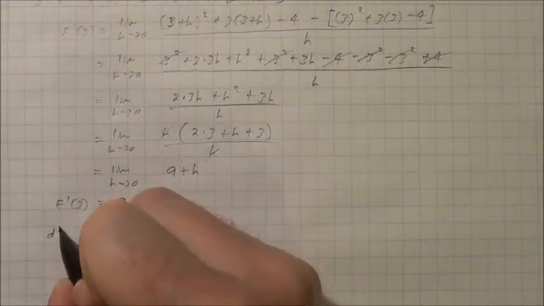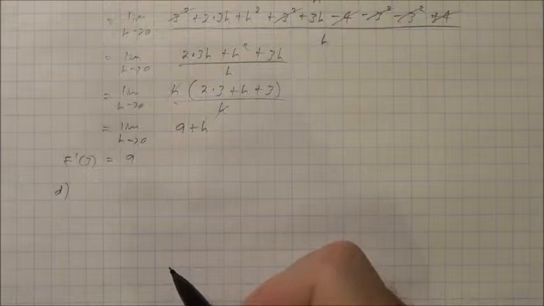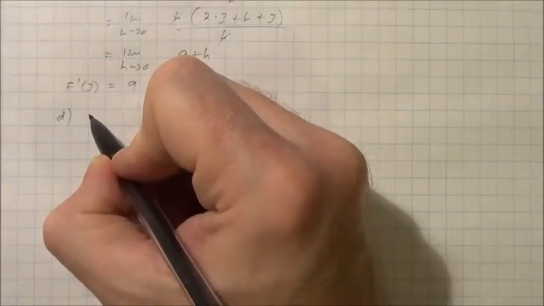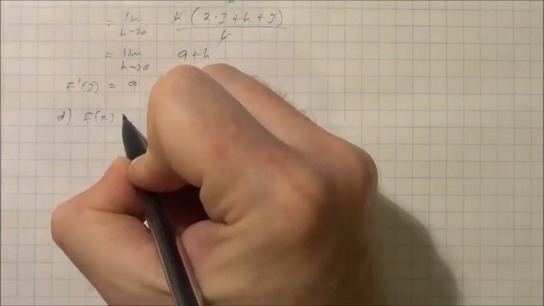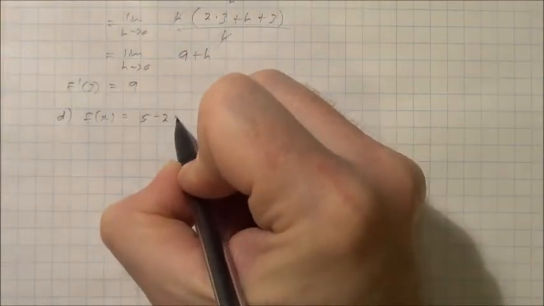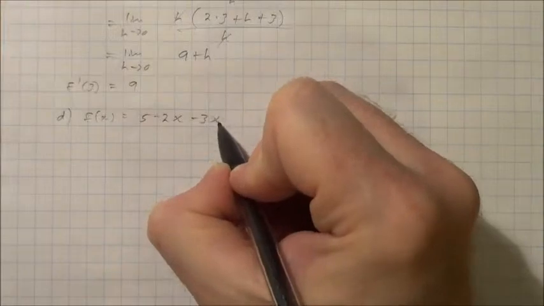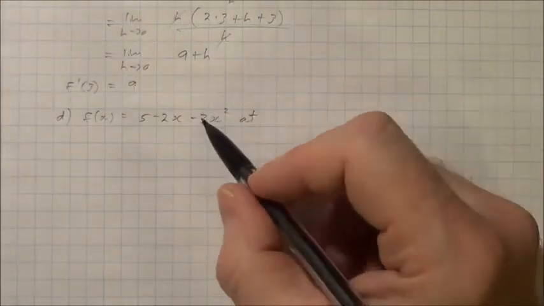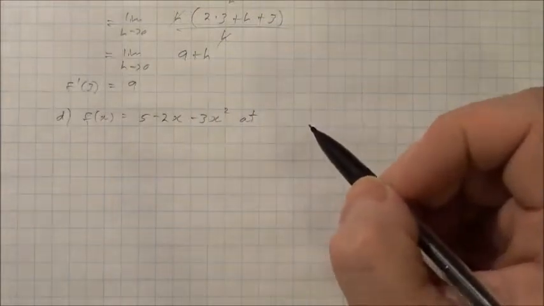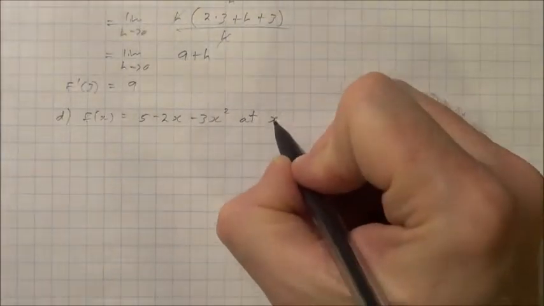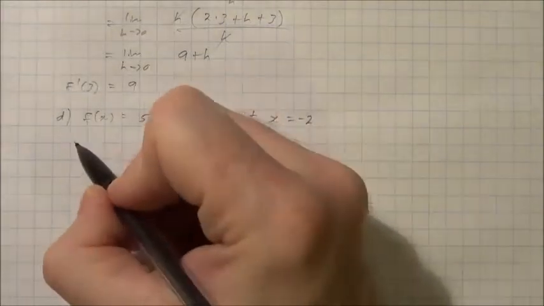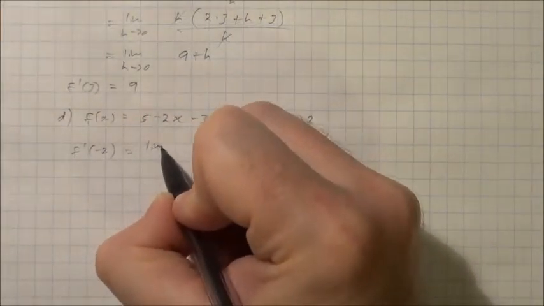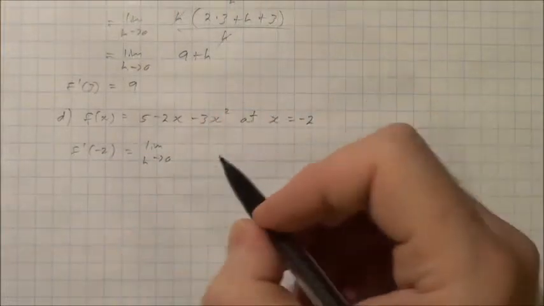And now part D. It's got a little different look to it, but we're going to use the function 5 minus 2x minus 3x squared and evaluate the gradient of that function at x equals negative 2. And again, we're using the limit.